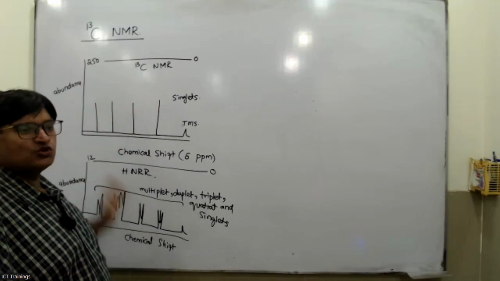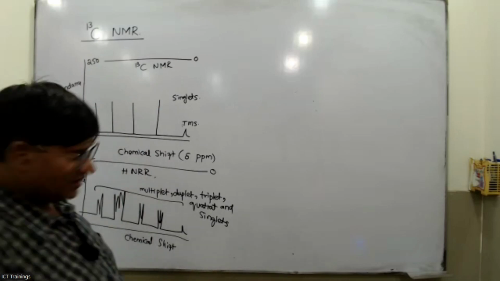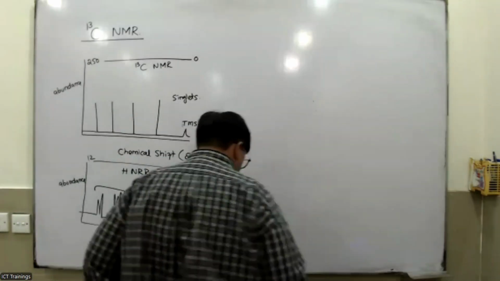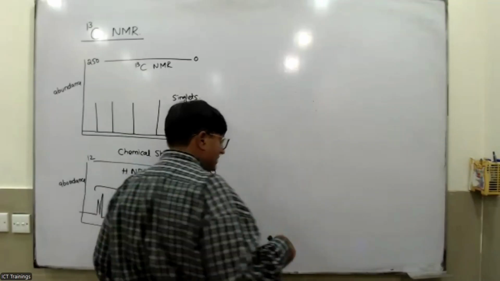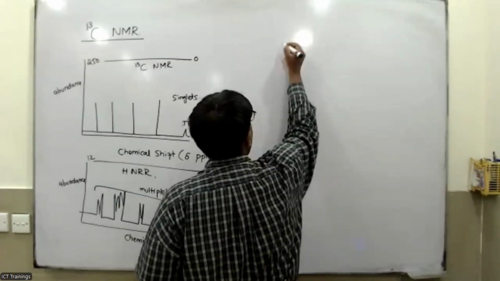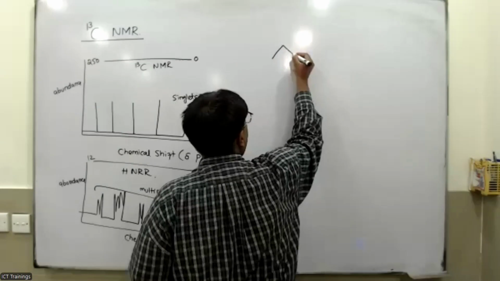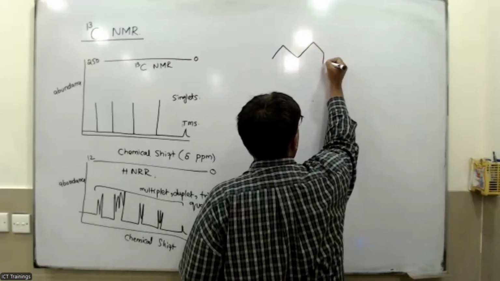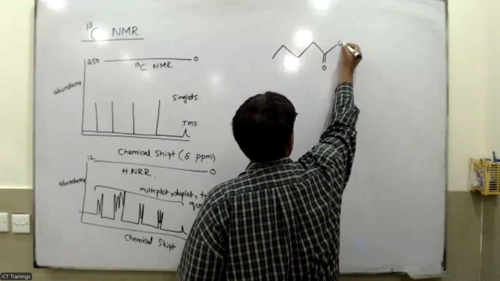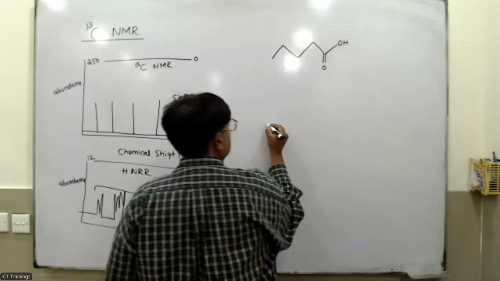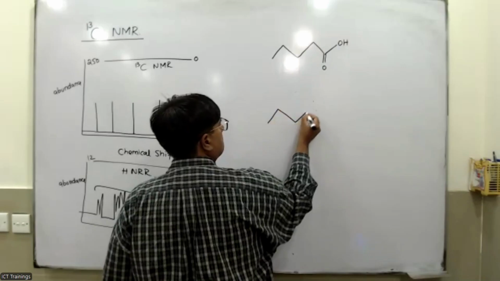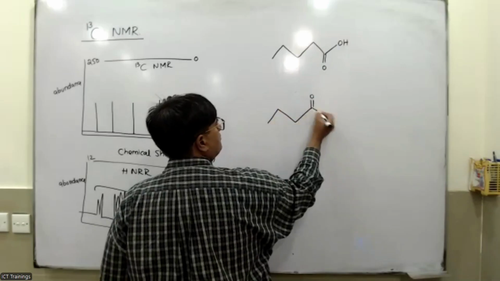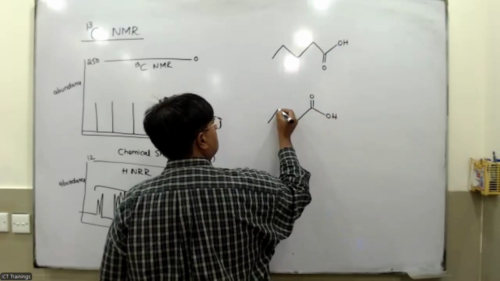These singlets show you the different environments. Now if I'm going to take 3 or 4 things up here, have a look up here, C double bond O and OH, C double bond O and OH.